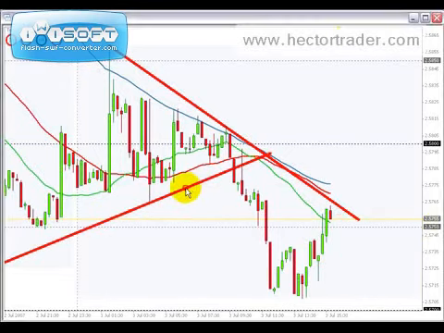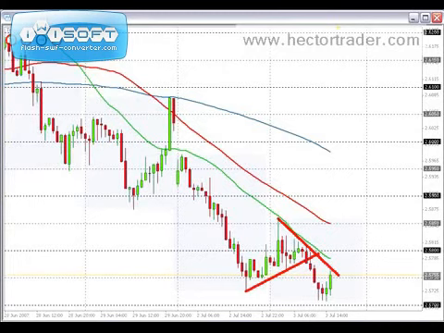What I don't like about this particular setup is the time of the day. The New York market is about to open, and being a London, a European market trader, I always like my intraday trades to be in profits, and hopefully my stop loss secured at break even or better by the time the next trading session begins, in this case being the New York session.